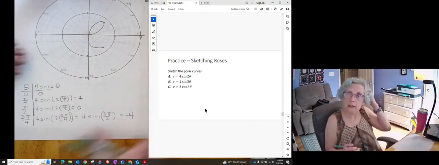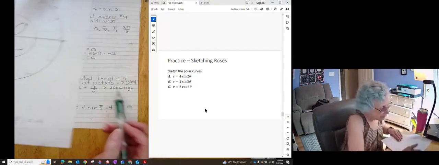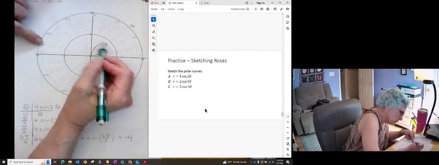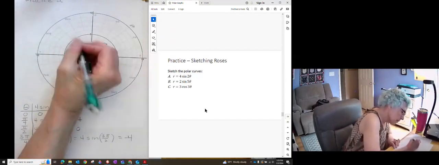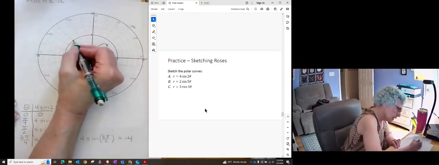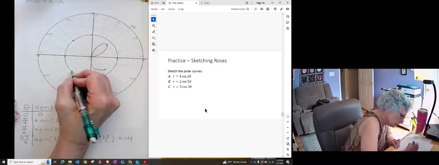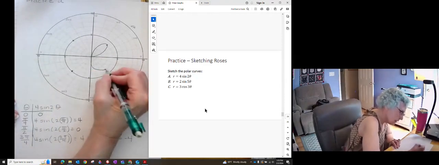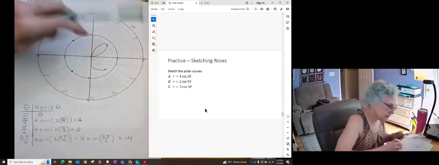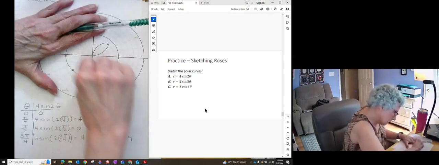And again, we had already figured out that the spacing was pi over 2. So pi over 2 away from pi over 4 would be 3 pi over 4. Pi over 2 away from 3 pi over 4 is 5 pi over 4. And then we end up at 7 pi over 4. And yeah, I have to make that petal look a little better.